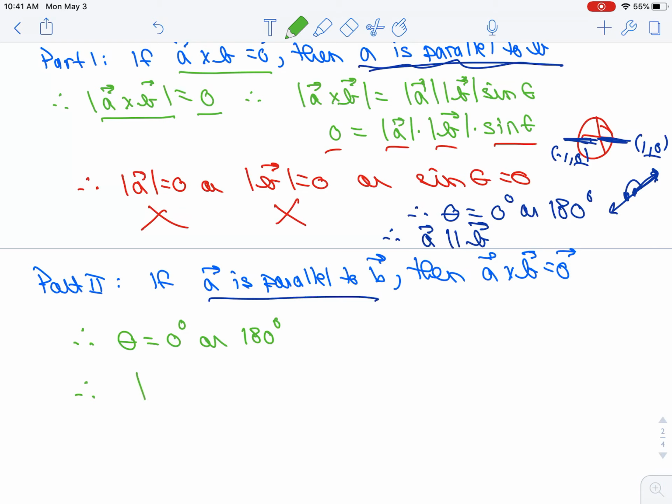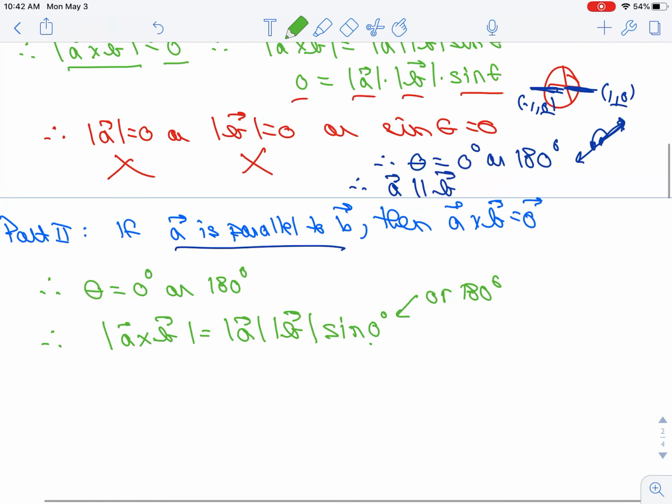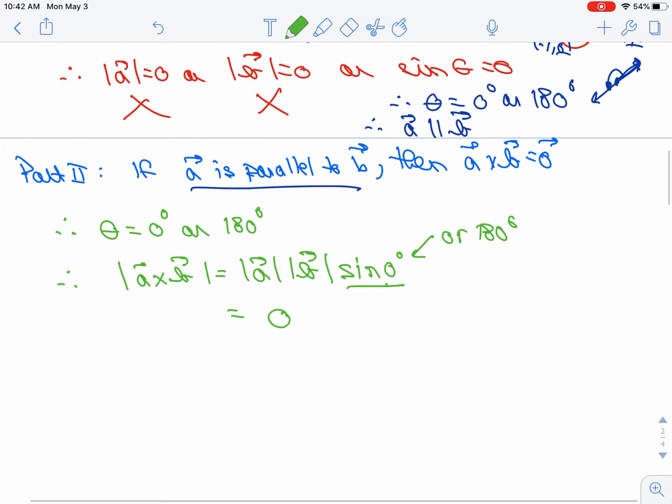So if we look at this formula for the cross product, A cross B is equal to the magnitude of A times the magnitude of B times the sine of either 0 degrees or 180 degrees. But it doesn't matter, either one. If it's sine of 0 or sine of 180, we just talked about the fact that that's just 0. So this becomes 0.